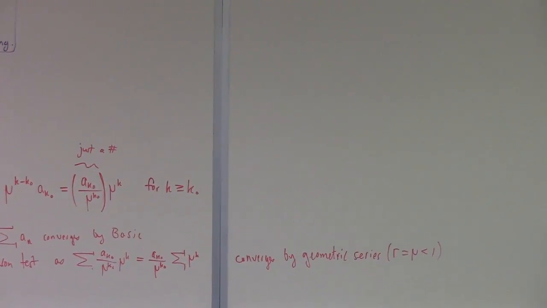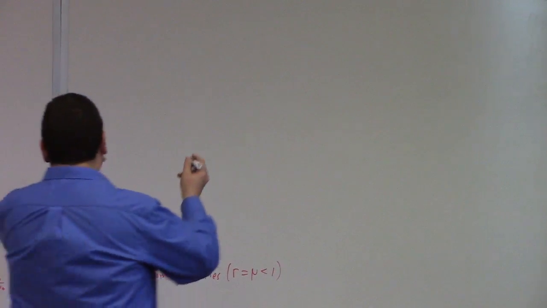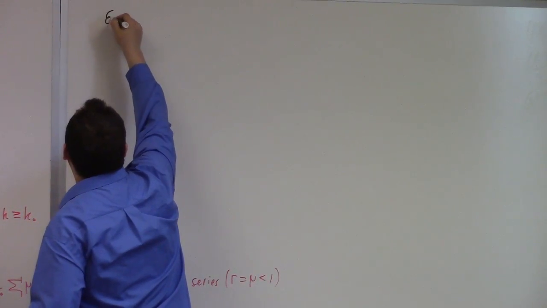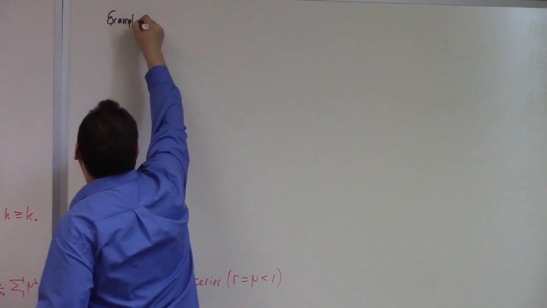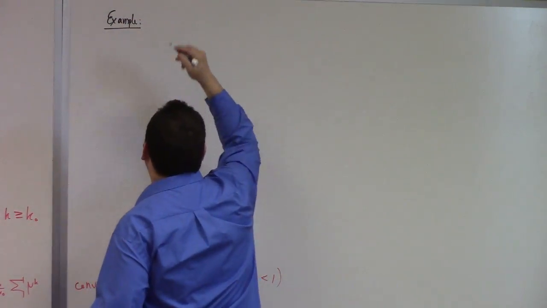I'm going to be a little bit greedy here. I'm going to give you an example which is kind of a double example, since we're a little short on time. So here's the example.